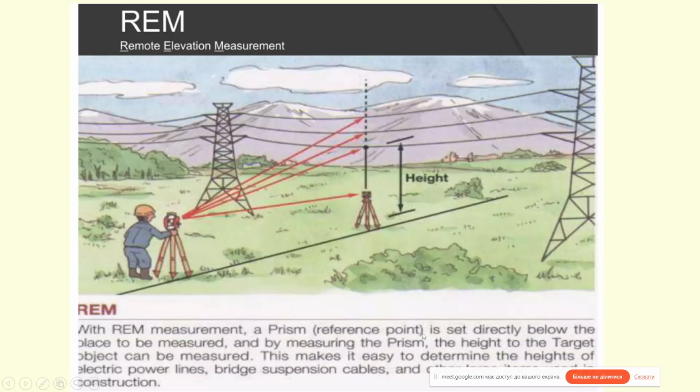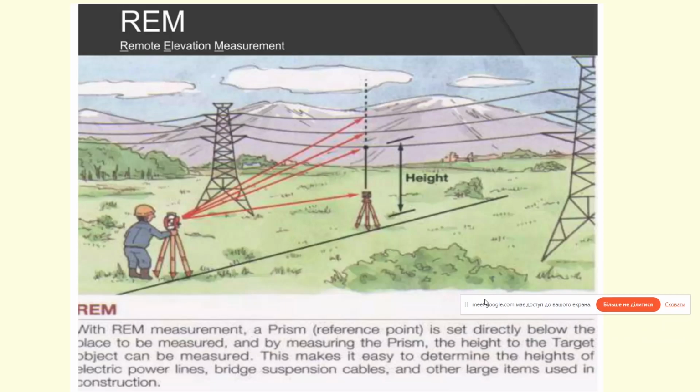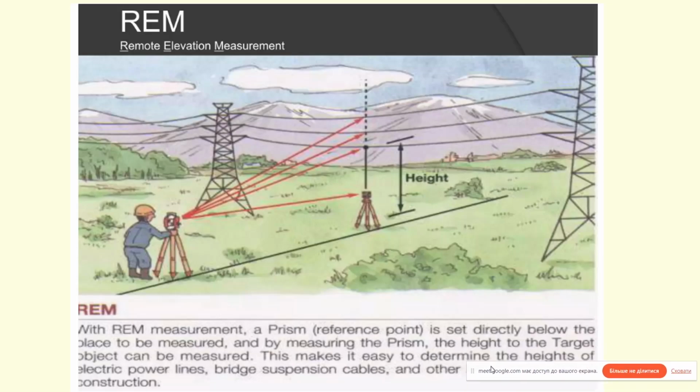A prism reference point is set directly below the place to be measured, and by measuring the prism, the height to the target object can be known. This makes it easy to determine the height of electric power lines, bridge suspension cables, and other large items used in construction.